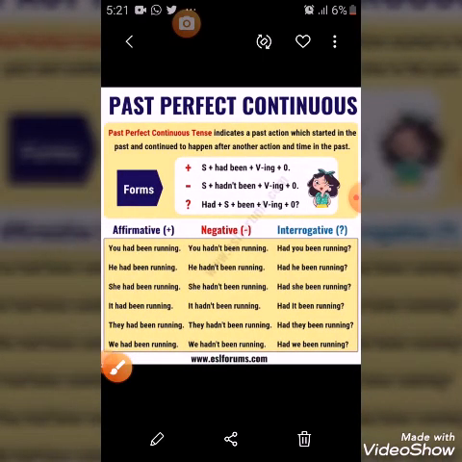So here is the brief definition of past perfect continuous with its form, sentences and examples. Here you have varieties of sentences, like the simple affirmative sentence, and how to change it into negative and then interrogative. This is good for your learning, but I suggest, my dear students, to go with your own sentences. Try to make your own sentences using past perfect continuous.